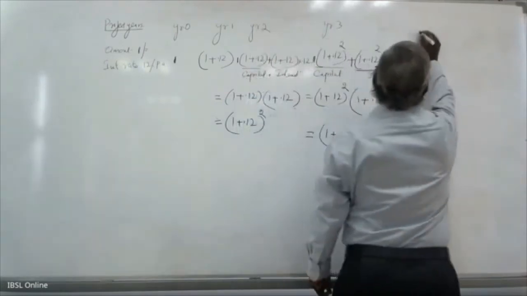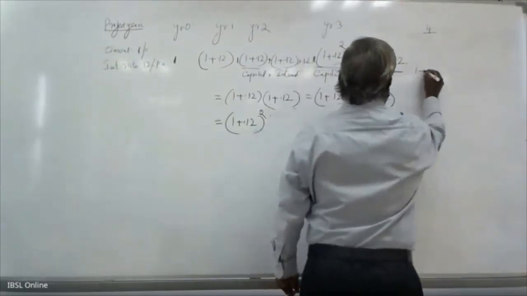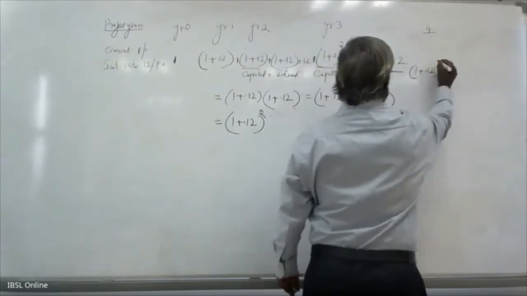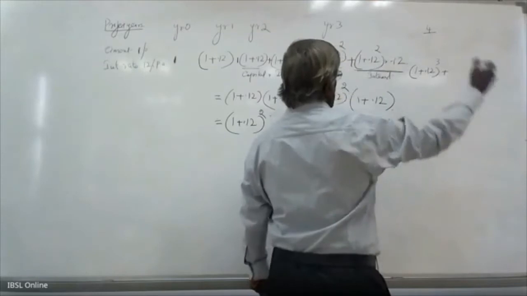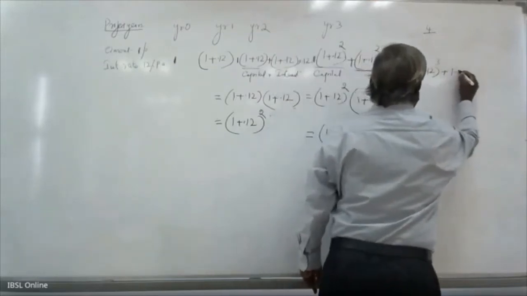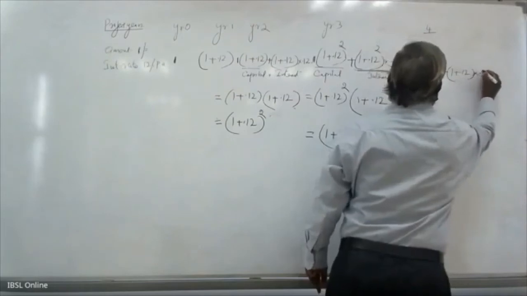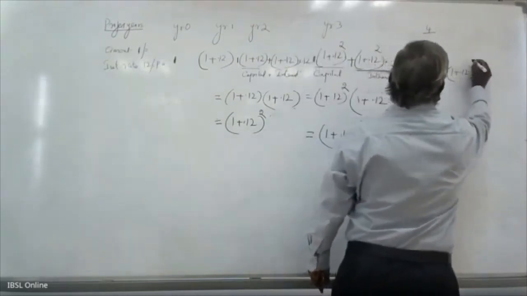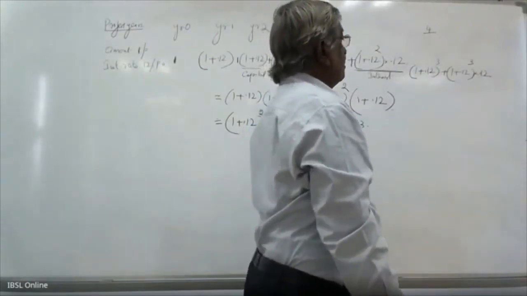So in the 4th year, again 1 plus 0.12 to the power 3 is the capital, plus interest on this capital: 1 plus 0.12 to the power 3, into 0.12.